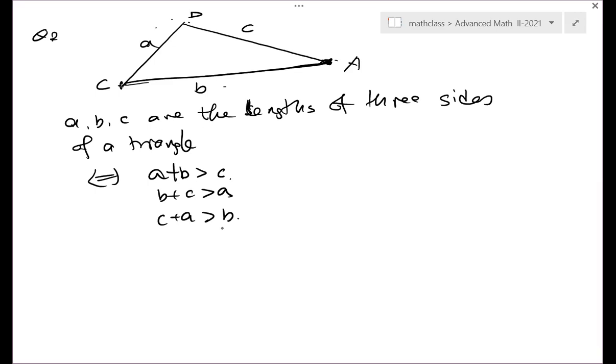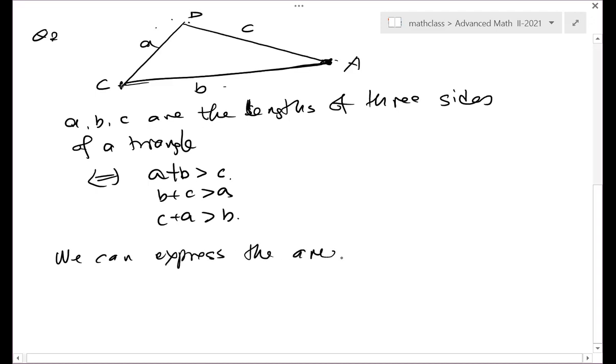So we can express the area in terms of A, B and C, right? Instead of B times H, where you still need the height. What is the height, right?